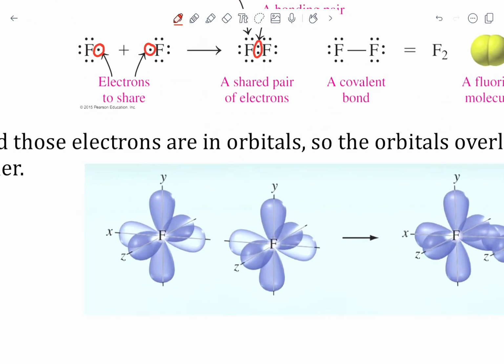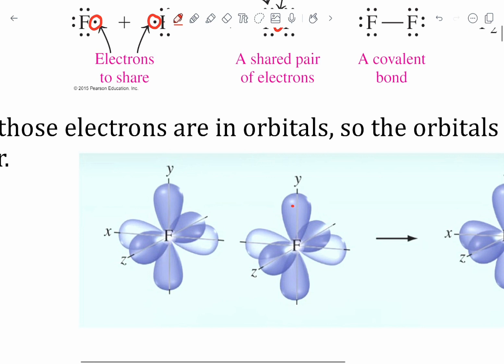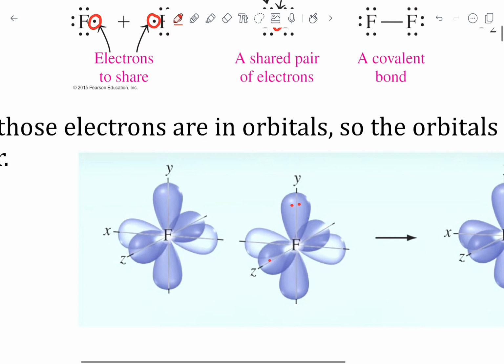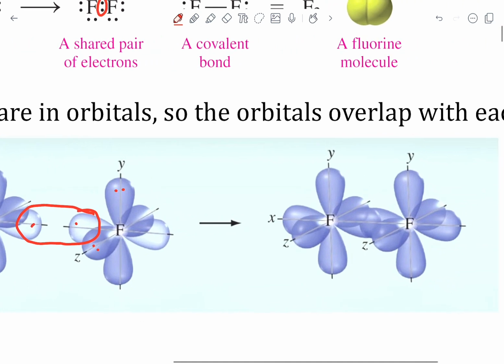So we see here in fluorine, this is where we have those lone pairs in these orbitals here, okay? And then we have our unpaired electrons. And what happens is those unpaired electrons are going to overlap through that orbital there. And that's how they form the bond. So we see the bond right here through these two p orbitals.